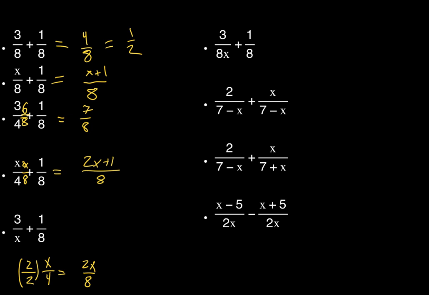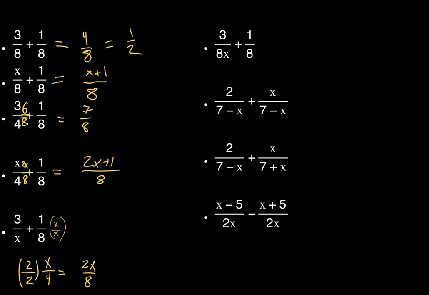Next one, I have 8 and I have x. What is my lowest common denominator going to be? 8x. So in order to have the second half of my equation as 8x, I need to multiply it by 1. It's kind of a messy one. x over x is 1.